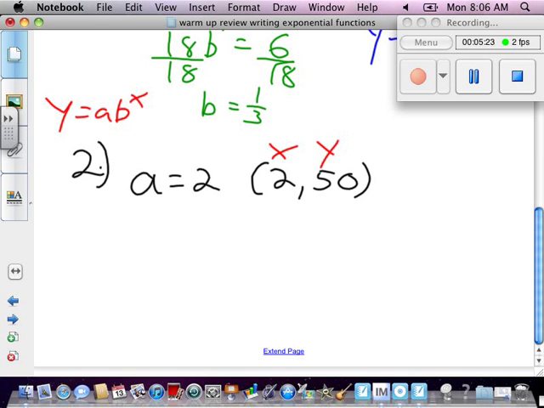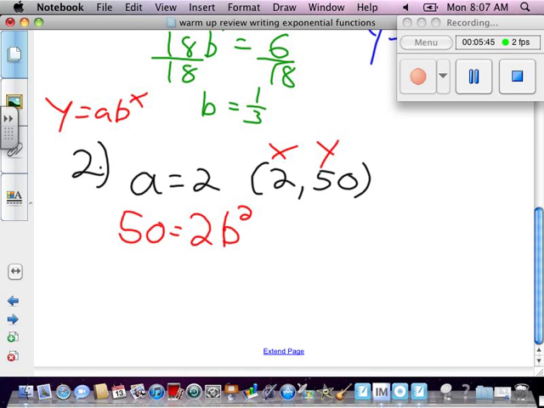So I know I'm not following the steps for if you have 2 points. I'm following the steps for if I have a point. So I'm going to plug this in: 50 equals a times b to the x, which is 2.